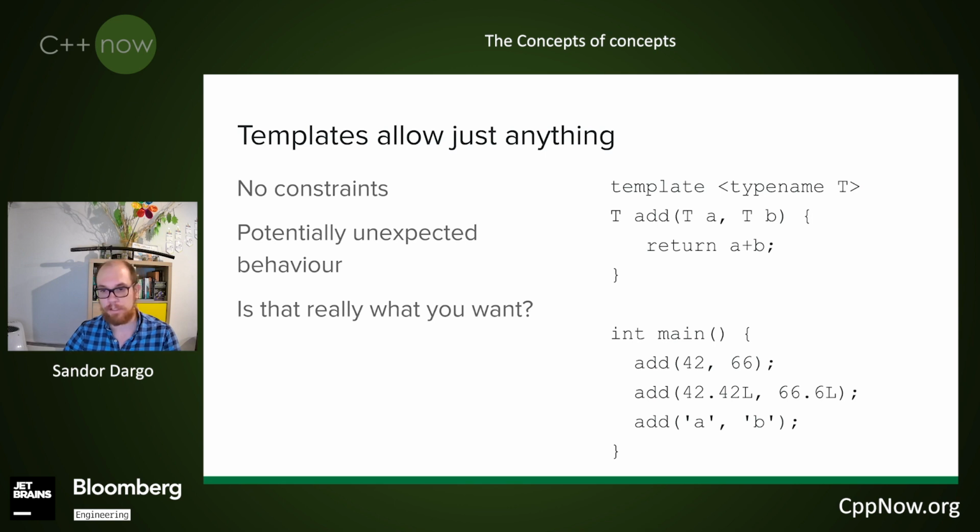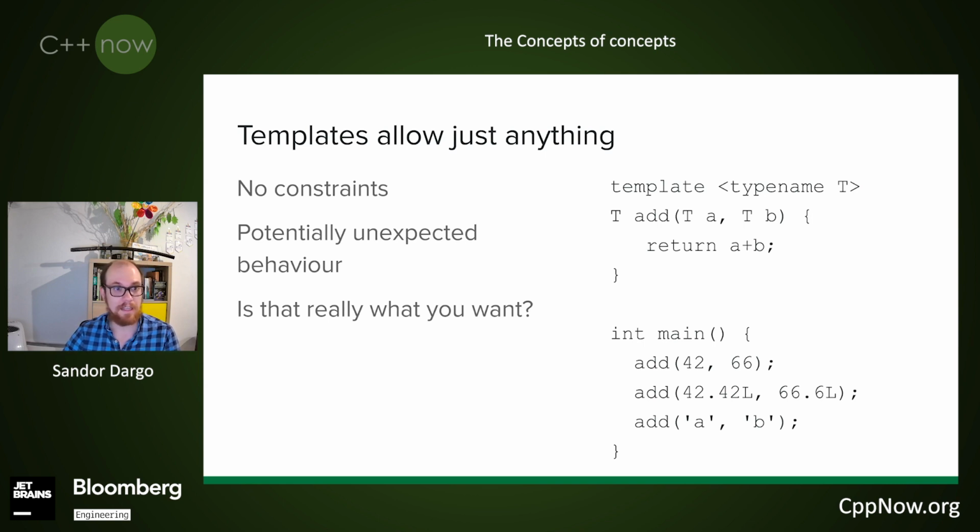Then we have some longs, and then we have two characters. Now, what would you expect by adding two characters? Well, I don't know what you would expect, but probably what we get is not really what we want. These characters, first they are cast into integers, and then their sum is cast back to a character, and at the end we receive something not really meaningful.